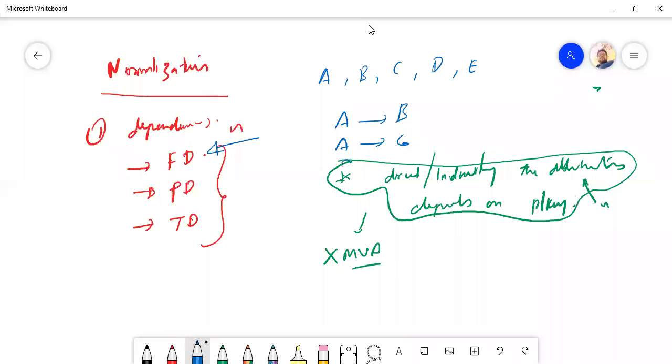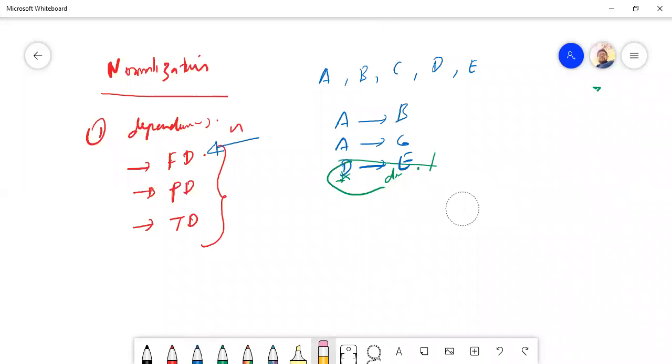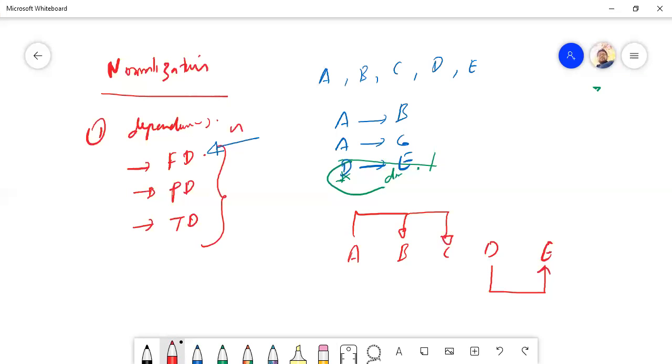E is depending on D. So we can write this as A, B, C, D, E. You can see B is depending on A, and C is also depending on A. Then E is depending on D.